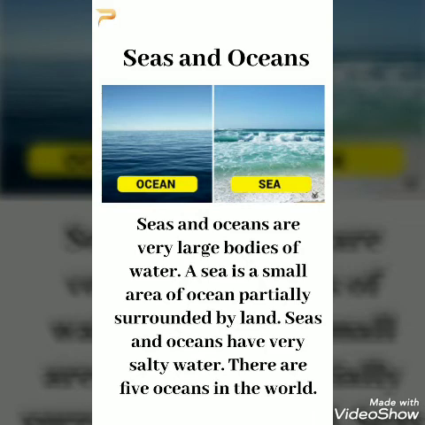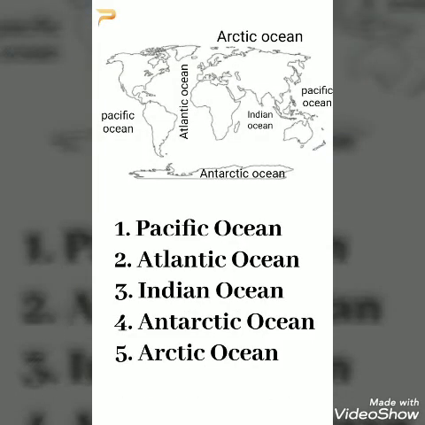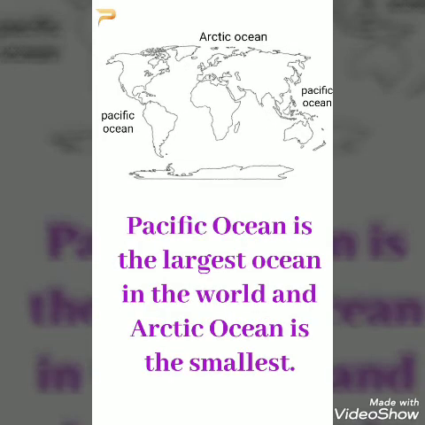A sea is a small area of ocean partially surrounded by land. Seas and oceans have very salty water. There are 5 oceans in the world: Pacific Ocean, Indian Ocean, Atlantic Ocean, Antarctic Ocean, Arctic Ocean. Pacific Ocean is the largest ocean in the world and Arctic Ocean is the smallest.